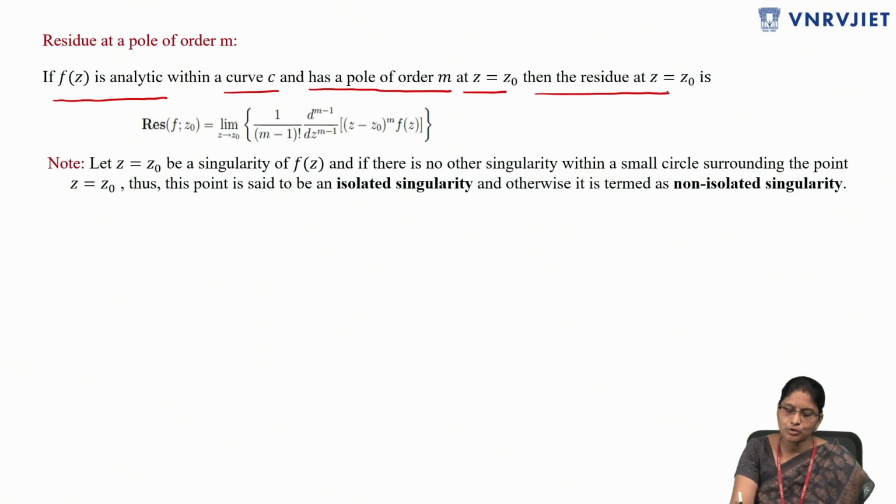Then the residue of f of z at z is equal to z naught is equal to limit z tends to z naught of 1 by (m minus 1) factorial d power m minus 1 by dz power m minus 1 of (z minus z naught) whole power m into f of z. So this is the formula for residue at a pole of order m. Previously we discussed residue at a simple pole, and now this is the formula for residue at a pole of order m.